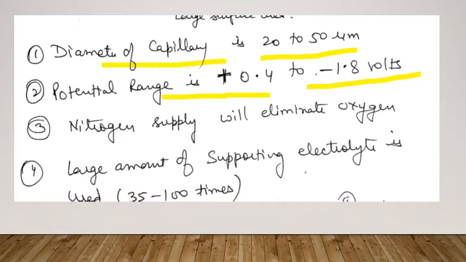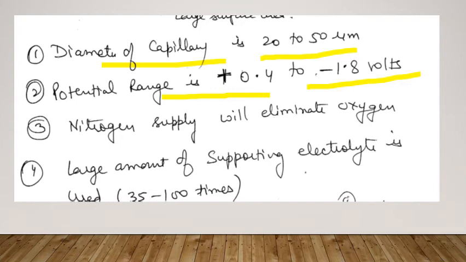As we change the potential difference, you can start from plus 0.4 and go up to minus 1.8, or you can start from minus 1.8 and go up to plus 0.4. That is the potential change you can do in the polarography method.